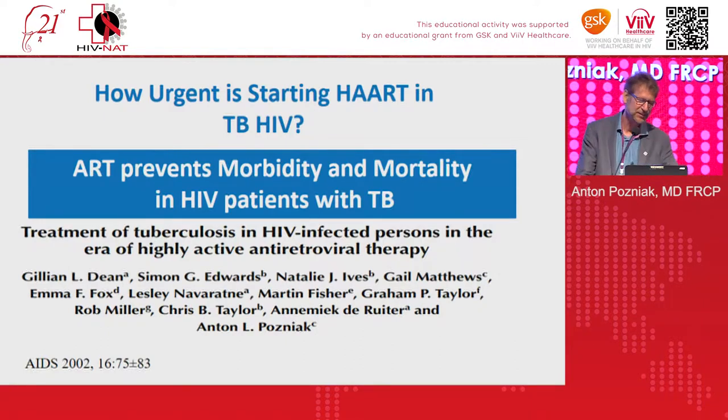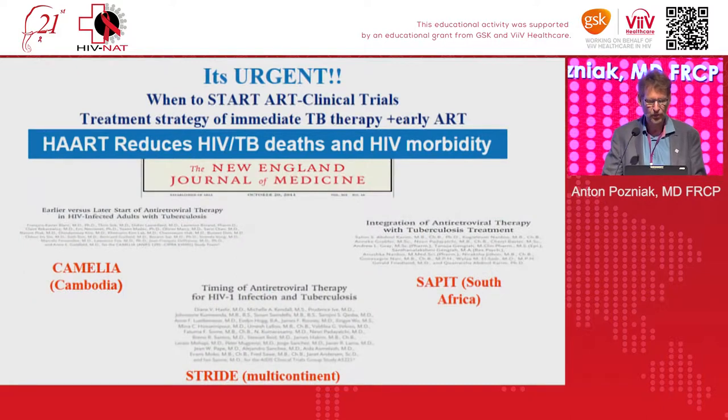And basically, we just collected our data and we showed way back then that if you had a low CD4 count and you presented with TB, your mortality was very high unless you started antiviral therapy. So it was a cohort study. 10 years later, we had all of these fantastic clinical trials which showed the same thing, that antiretroviral therapy reduced HIV TB deaths and morbidity.